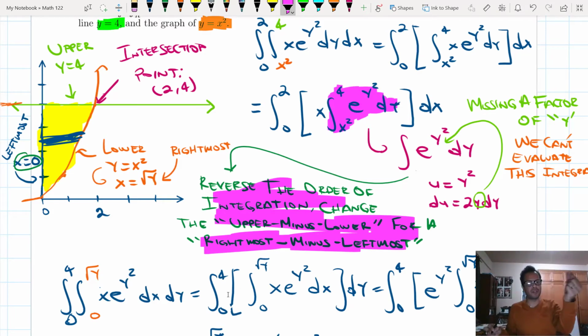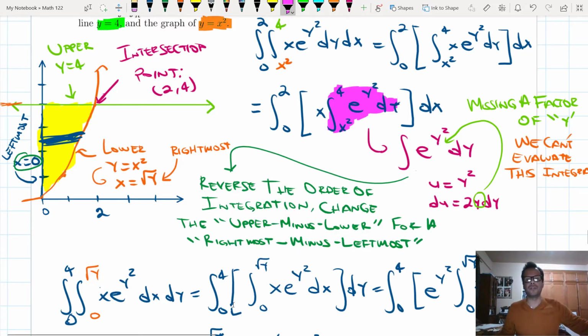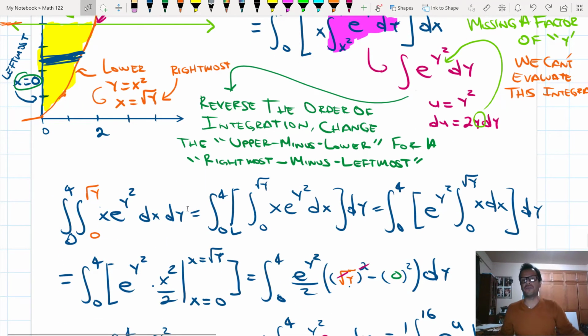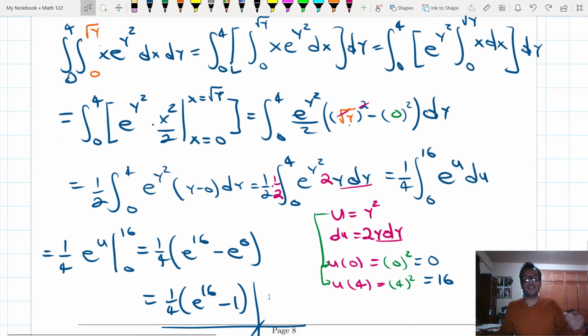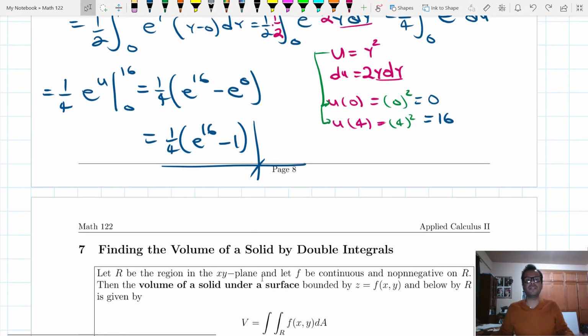So we need to rewrite these functions that we're given for this region, and then we conduct the integration over the new integral using the new reversed order of integration, and this is what we get.